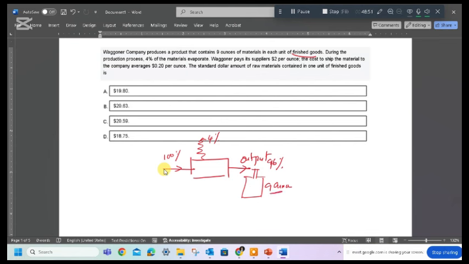So this 9 ounces is 96%. What should have been the input here? 9 ounces is 96%, multiplied by 100%. How much is that? 9.375 ounces. And the per ounce cost: the supplier's price is $2, transportation cost is $0.2, so $2.2. 9.375 times $2.2. How much do you get? 20.63 could be right.